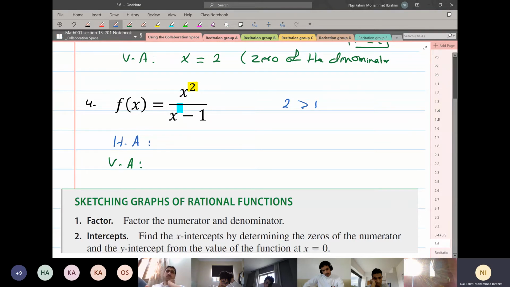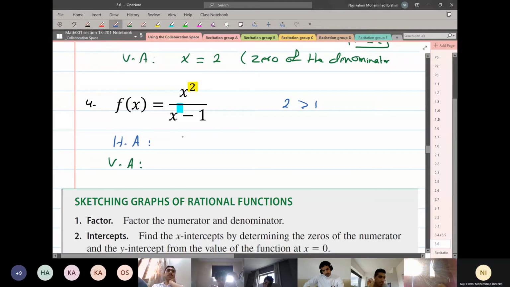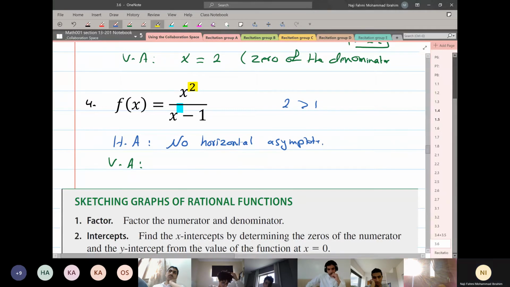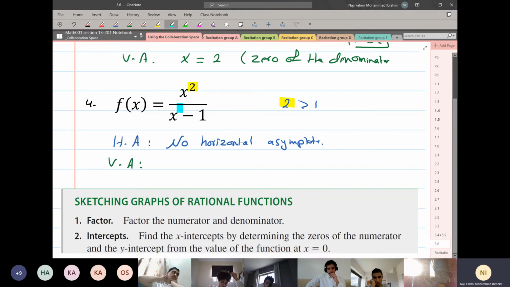Can anyone help us here? Yes, no horizontal. There is no horizontal asymptote here. Why? Because the degree of the numerator is more than the degree of the denominator.